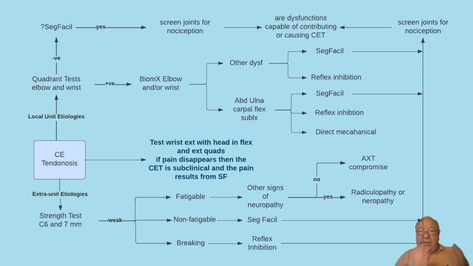Then when you get into this area where the quadrant tests are basically negative, you've still got segmental facilitation, then it's probably that the pain is coming from the elbow or the wrist. So, or that nociception comes from the elbow or the wrist. And so once you get rid of the mechanical problem, the nociception should go away. So there's no need to worry too much about it.